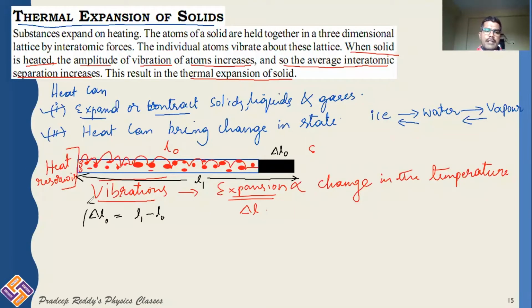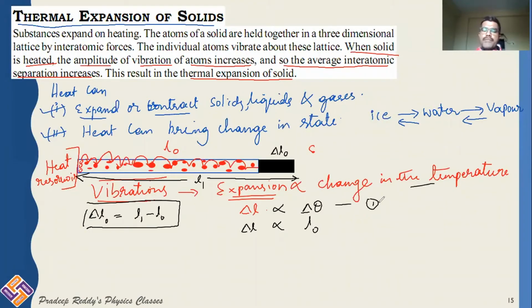That means the thermal expansion delta L is directly proportional to change in the temperature. The more the temperature difference, the more heat transferred. The more heat transferred, the more expansion. So delta L is directly proportional to delta theta, where delta theta is the change in temperature. The second point is that the expansion of the material is also proportional to the initial length.